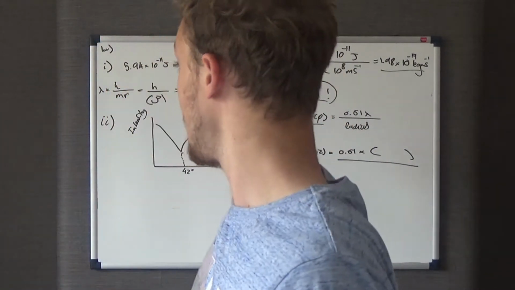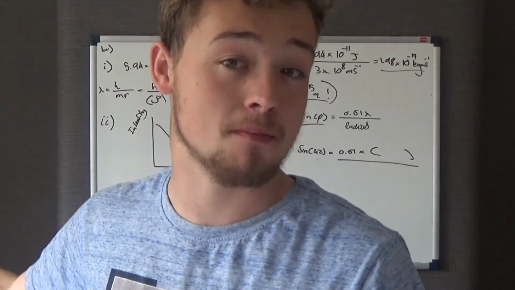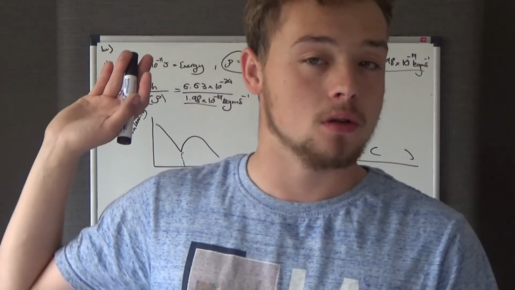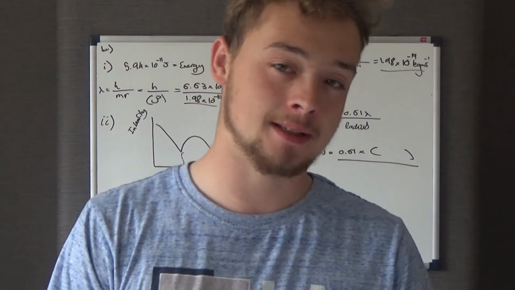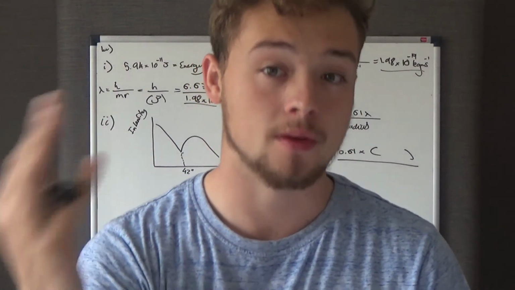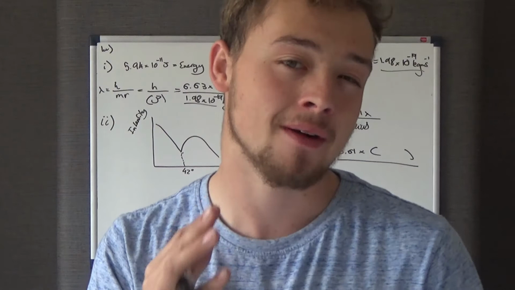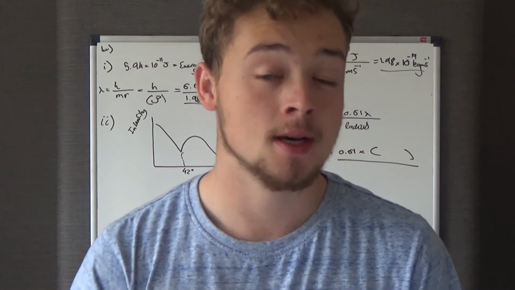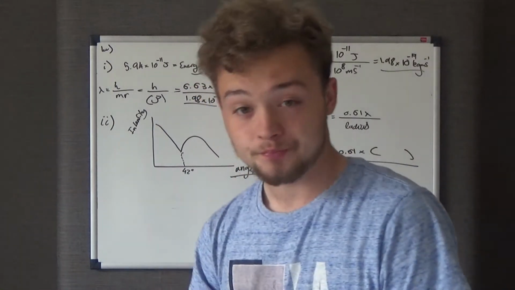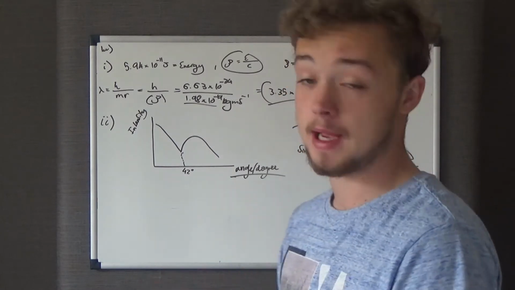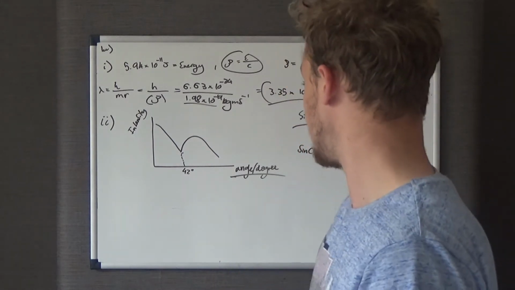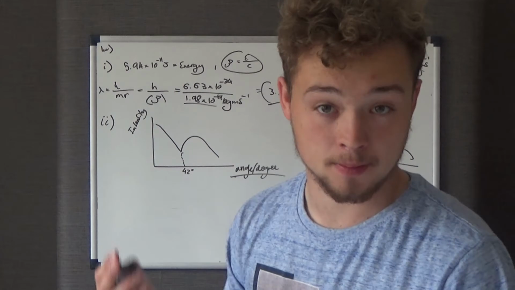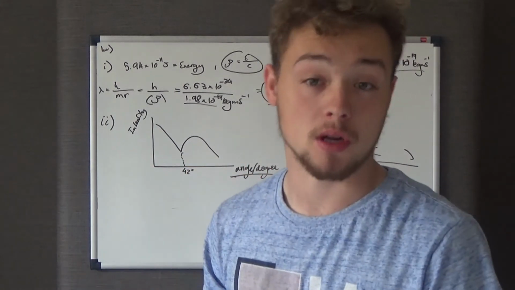So regardless if you got the wrong answer in part 1, you don't use that answer because you know it's wrong. You're showing the examiner you know it's wrong. So you don't get an error carried forward mark for that. In other words, what you have to do is use the wavelength of 3.3 times 10 to the minus 15 metres if you got it wrong.